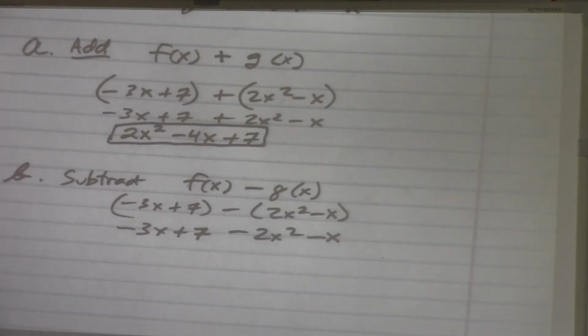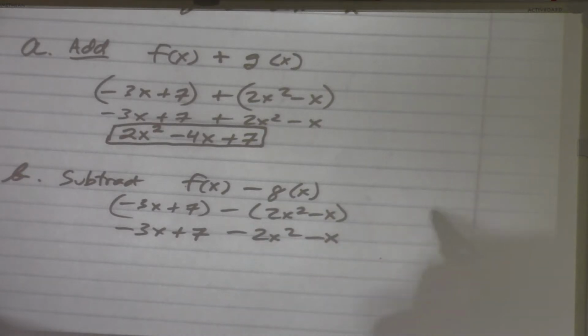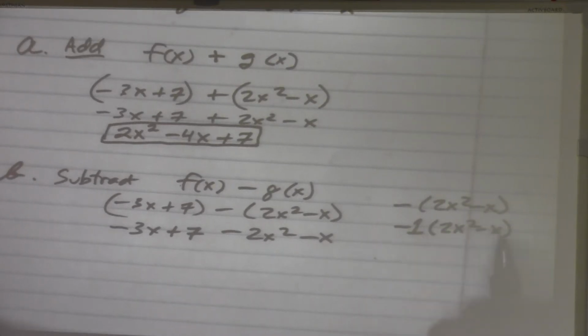I just made a mistake. On purpose, I made a mistake. When you have a negative outside of parentheses, that means you are required to distribute it inside. So a negative like this, negative 2x squared minus x, is actually the same thing as negative 1 times this.